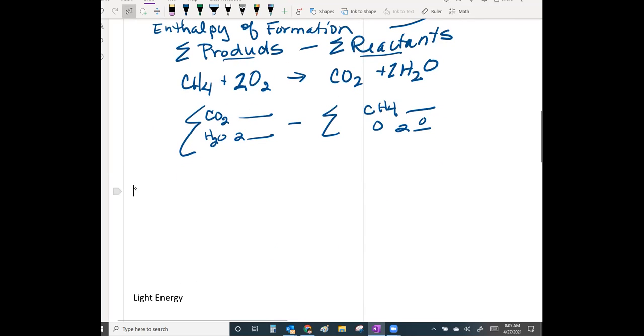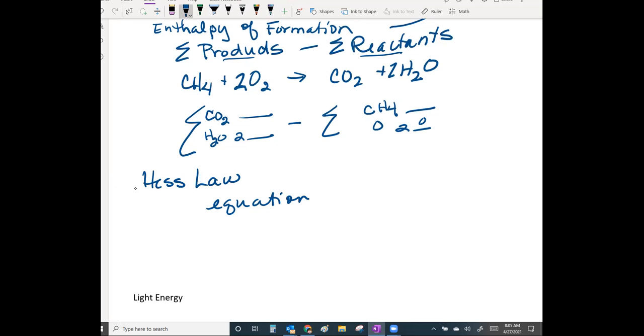The next thing we looked at was Hess's law. Hess's law says that if you have an equation that you can't look up in enthalpies of formation for whatever reason, you can also basically add together different energies, different equations, enthalpies.